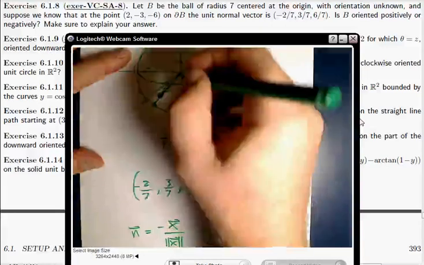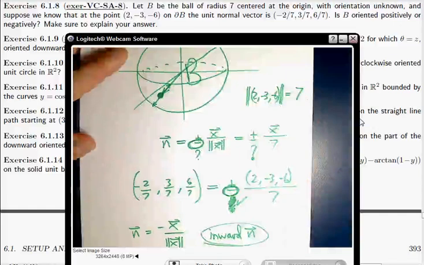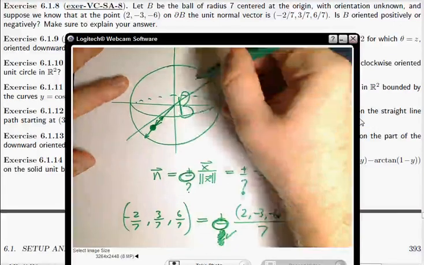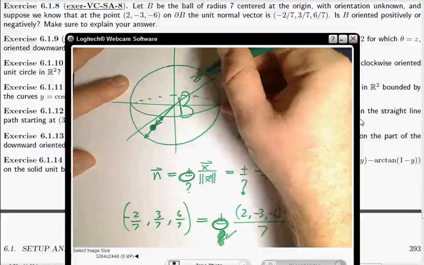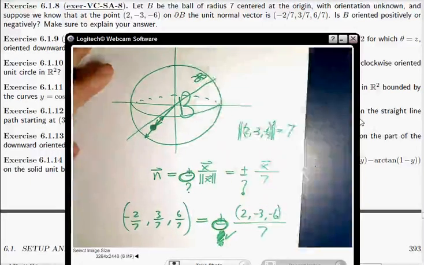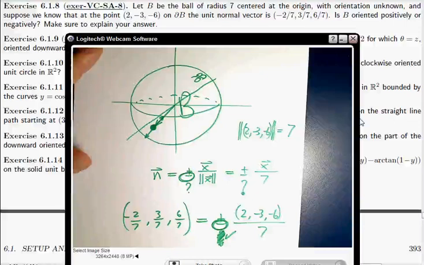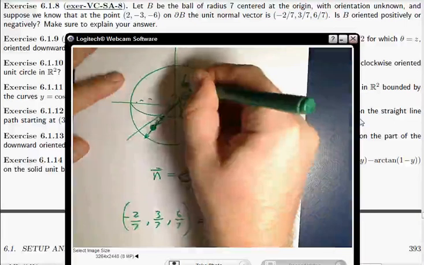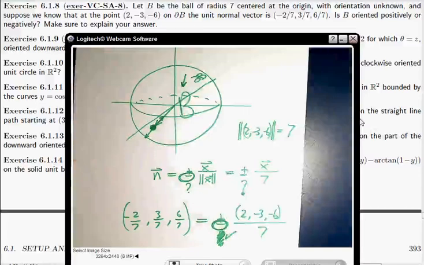We've got a ball, a solid ball there, and it's got a boundary surface. The boundary of the ball there is the surface. And the boundary is oriented inward. Well, so there's two possibilities that we have to consider.